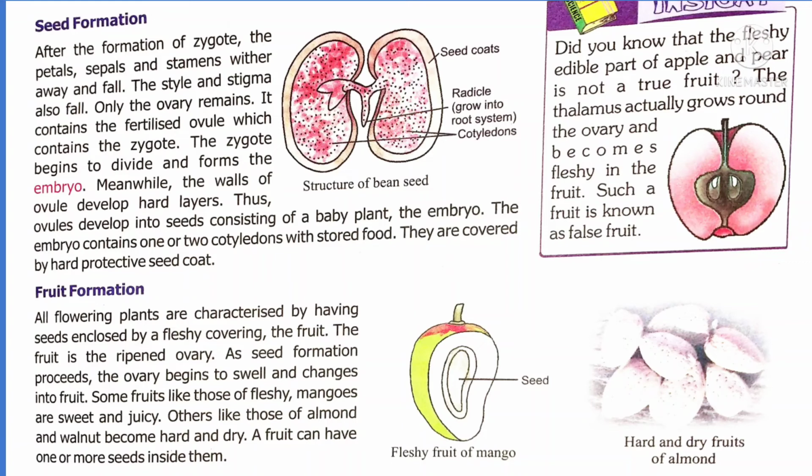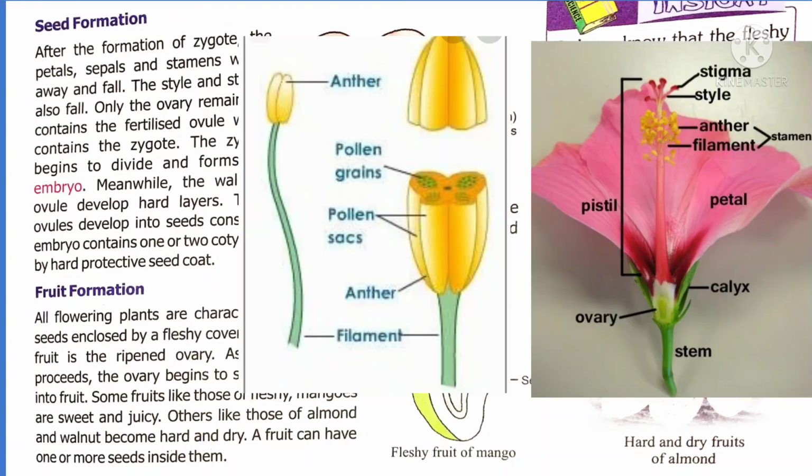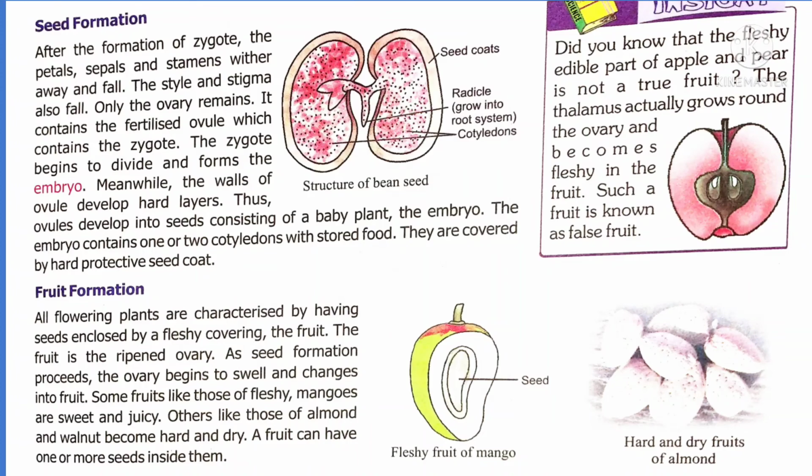Through these pollen tubes, the male gamete passes into the ovary. We know that inside the ovary, the female gamete, the ovule, is present. What is an ovule? It is a female gamete. These female gametes are also called eggs.